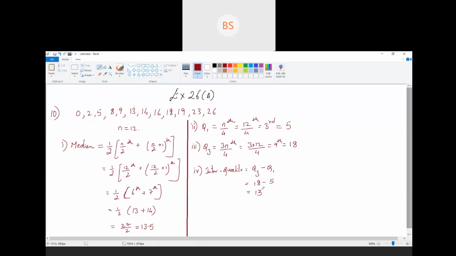So interquartile is 13. We don't have semi-interquartile, so we won't do that. So understood this? We have to know the formulas and just go on substituting. Only you have to be careful here: always see to it that you arrange the given data in ascending order.